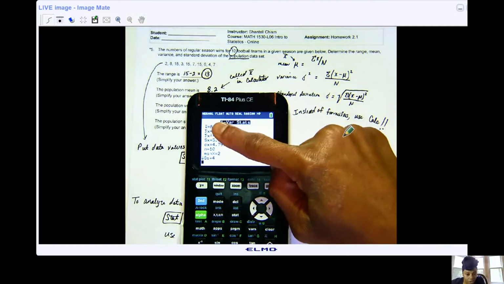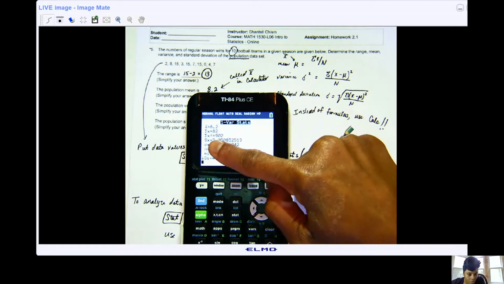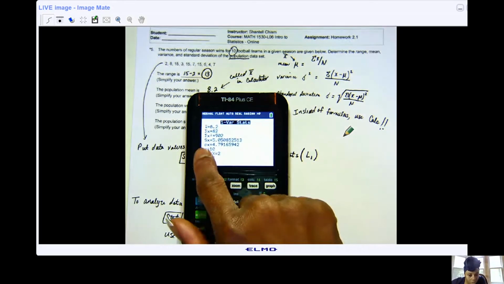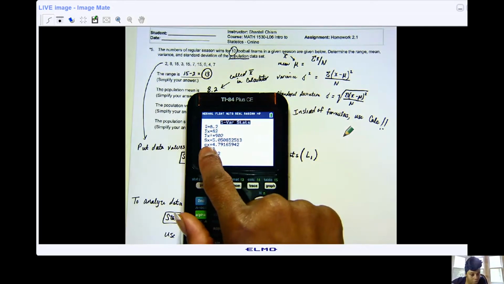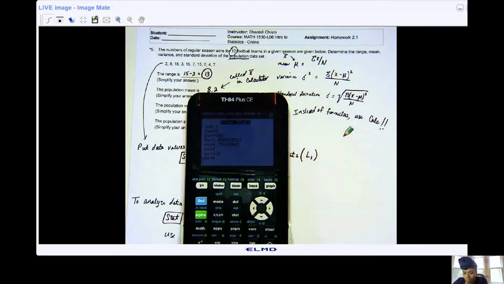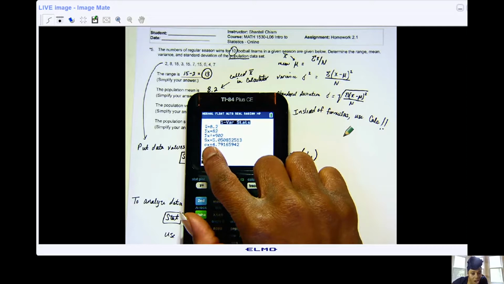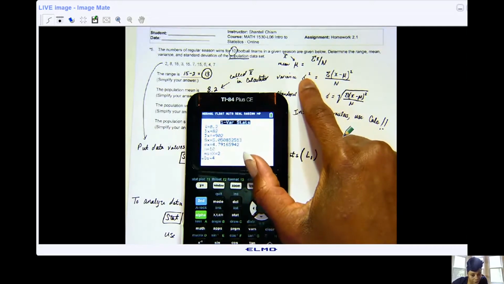So take a look at the calculator. Now it gives you some extra values here that we're not using, that aren't important to us. But I want you to notice that it gives you sigma, and it does put a little subscript x on it, sigma sub x. That just means our data values are called x values, okay? It does give you sigma, but it does not give you sigma squared, okay?